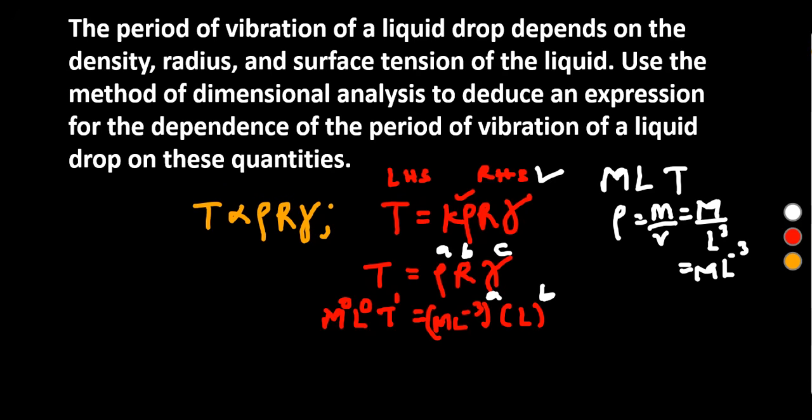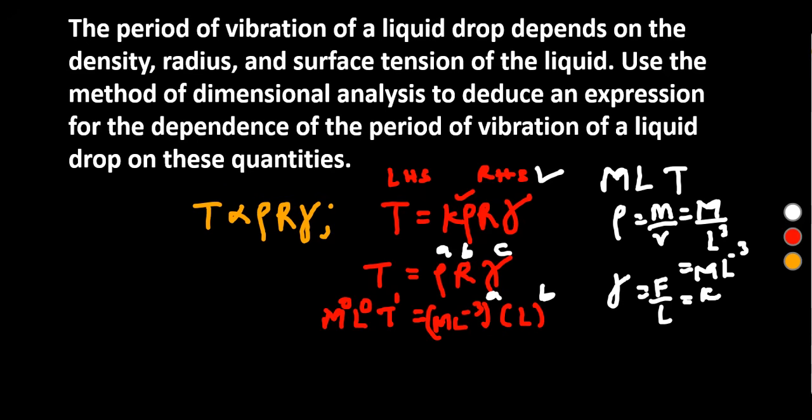Gamma is talking about surface tension. And what is surface tension? Surface tension is force per unit length. Surface tension, which we represented with gamma here, is force per unit length. And we know that force is the product of mass and acceleration.